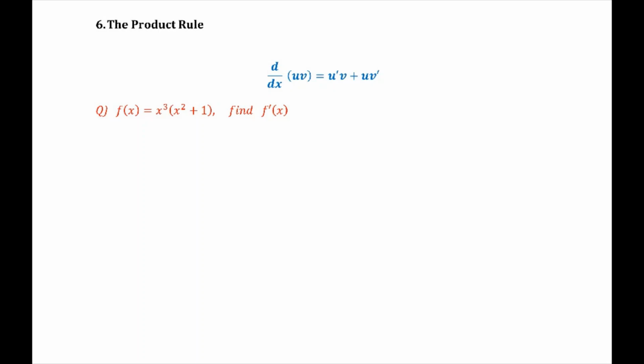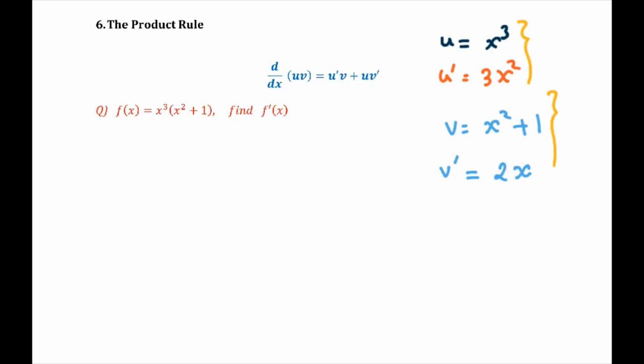So we are going to go here on the side and say, let's call u = x cubed. Then u' is 3x squared. Now, let's say v is x squared plus 1. The derivative of v is 2x. So we'll use these in order to apply the rule.